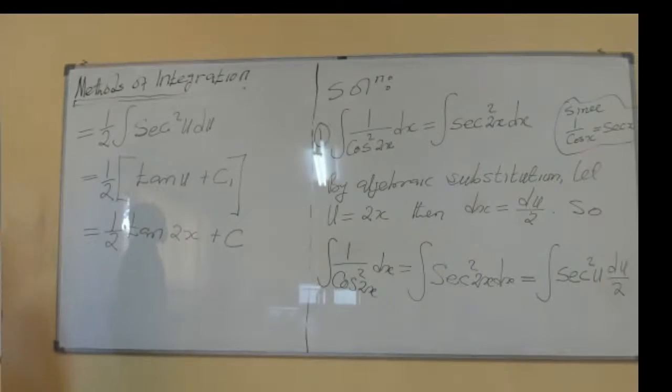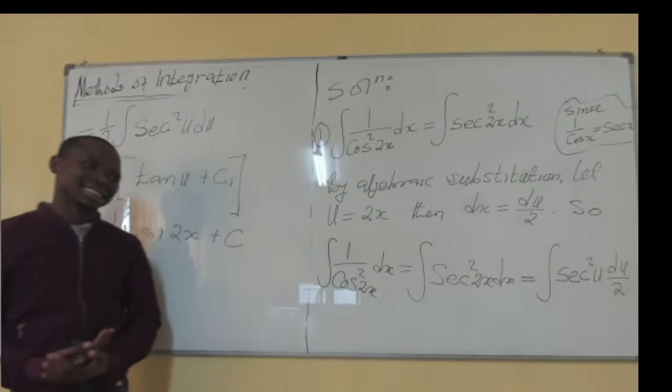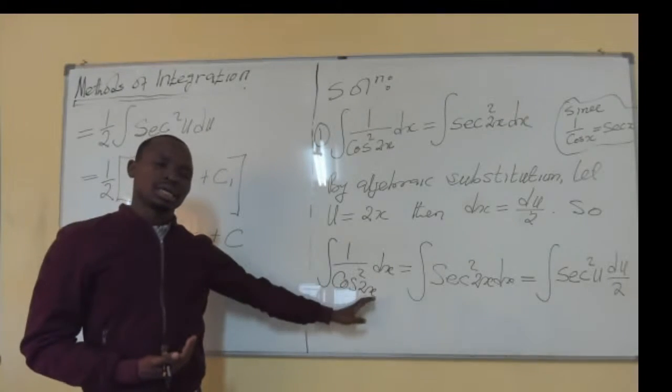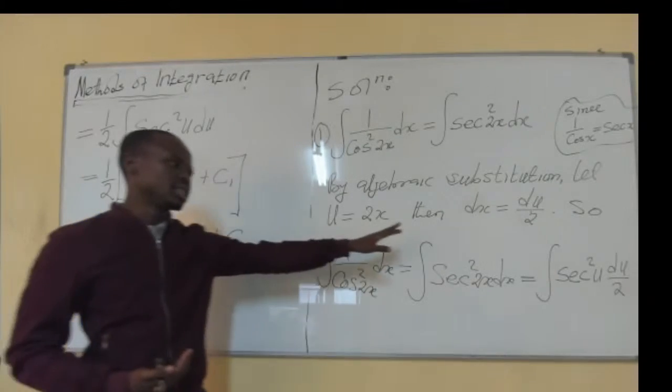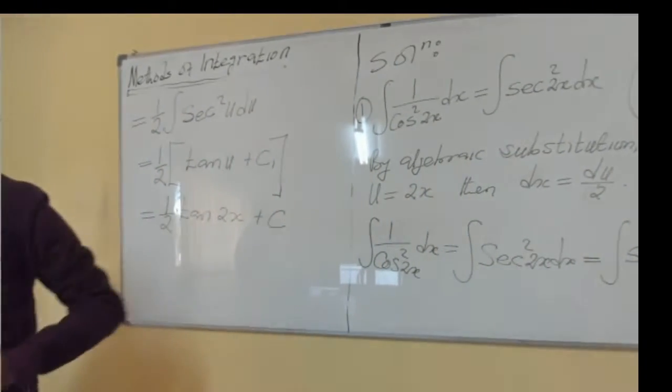Then you are done. So what you have done, you employed the idea of trigonometric identities, of which 1 over cos theta is sec theta. Okay.